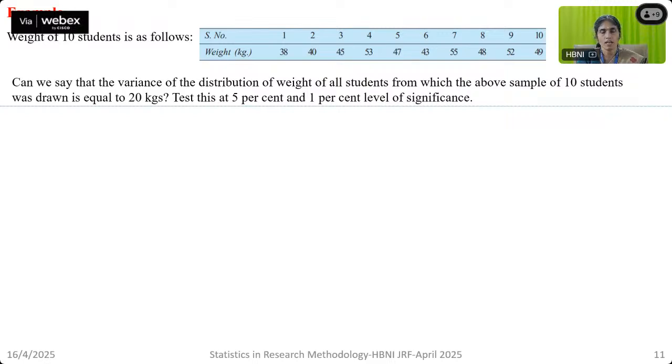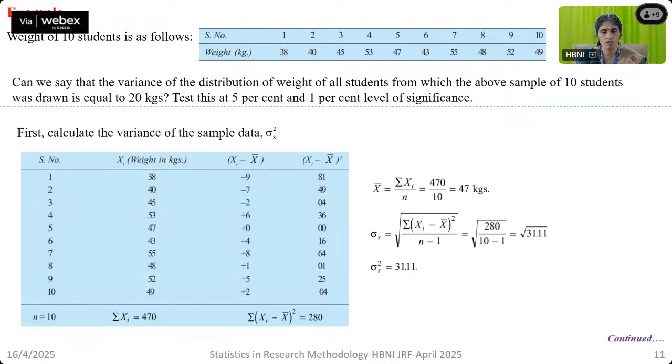That can be done via this chi-square testing, as discussed in the previous slide, the equation. We can see at different significance levels whether this data agrees with the null hypothesis or not. What we have to do is calculate the sample variance, sigma s square, and the population variance is given here as 20 kg. The sample variance sigma s square is 31.11.